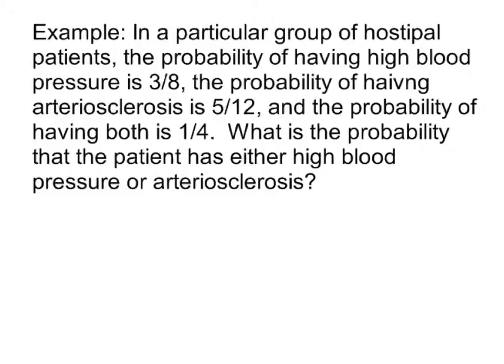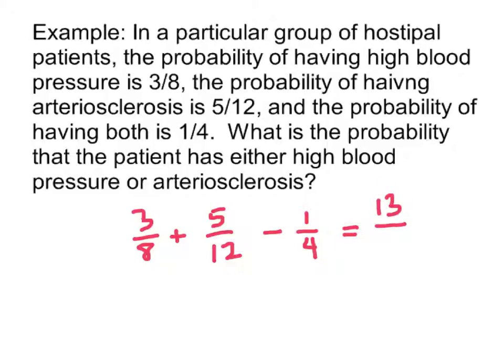We are not interested in the patients that have both, so what we will do is take the 3 out of 8 plus the 5 out of 12 and take away from that the 1 out of 4. This comes out to 13 out of 24.